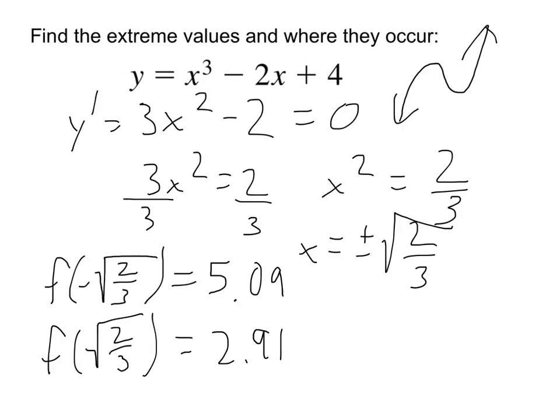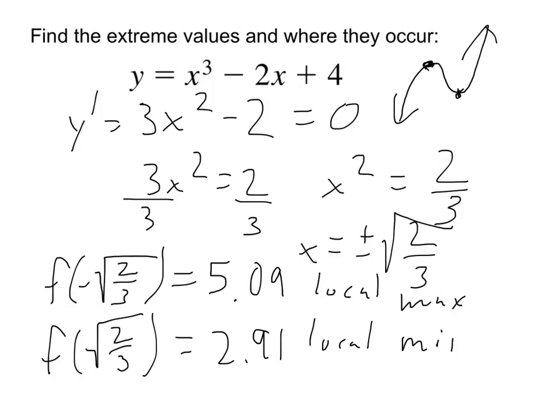So this first value is a local max, up there, and the second value, down here, is a local minimum.